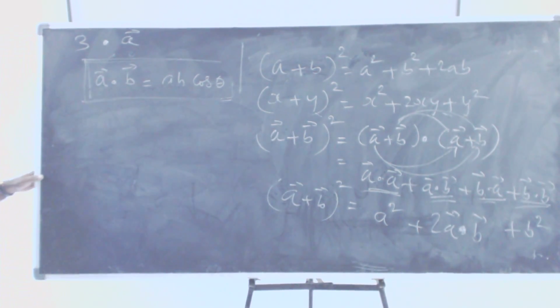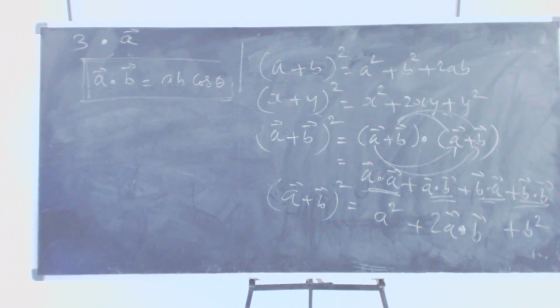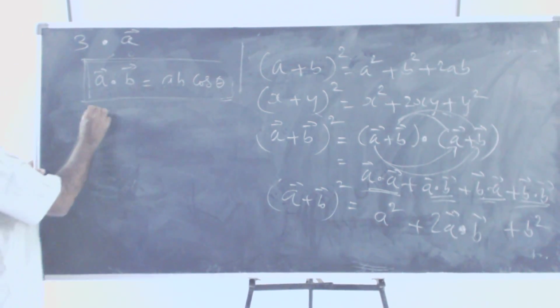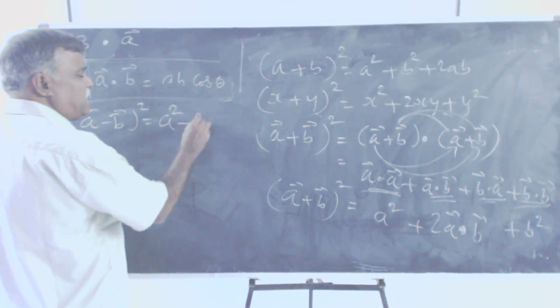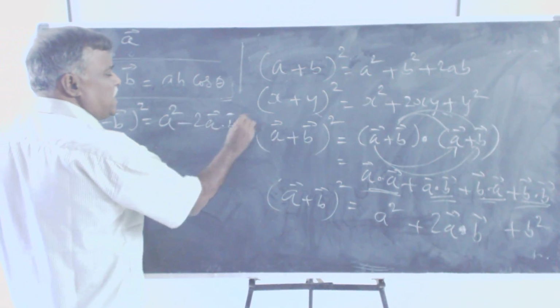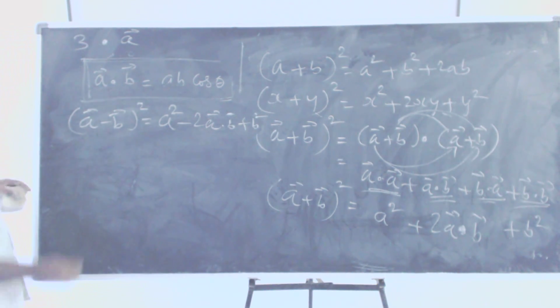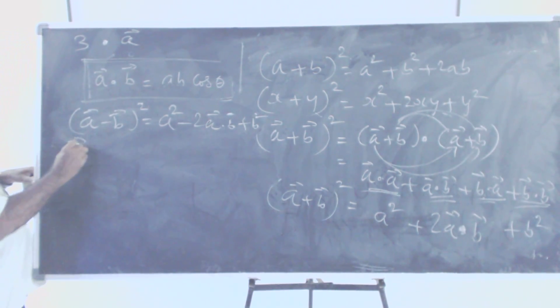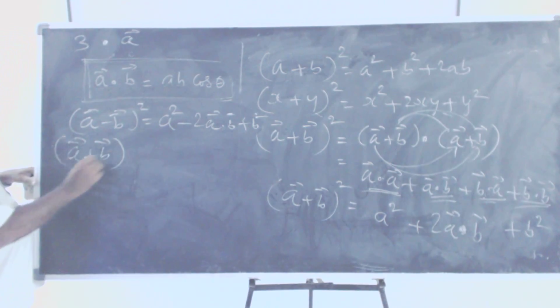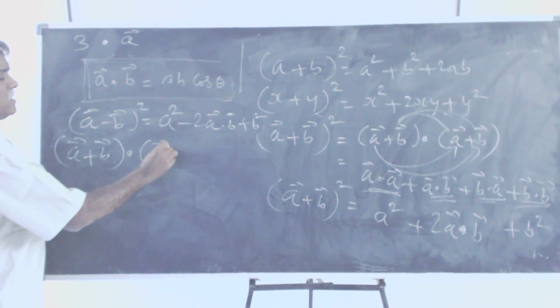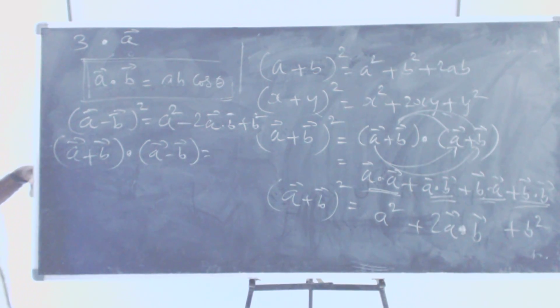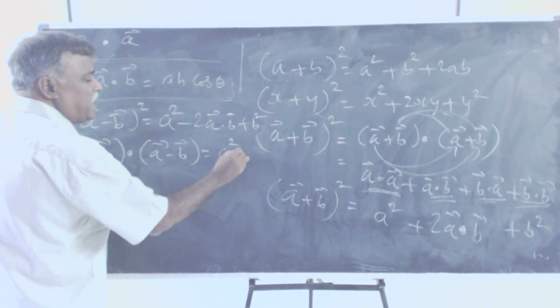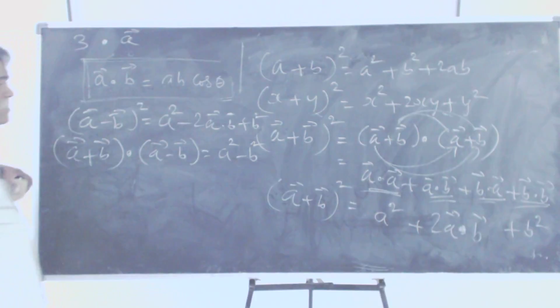It will be A square minus 2A dot B plus B square. Now, one more thing in algebra, A plus B into A minus B is A square minus B square. Same thing here, A square minus B square.